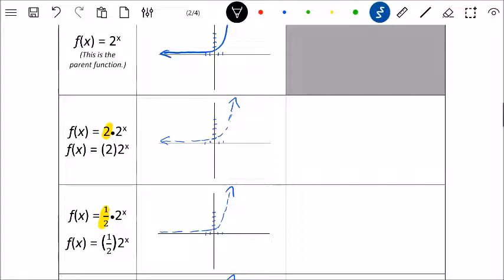And if we would do a simple XY table here, so 0, -1, -2, 1, and 2. 2 to the 0 is 1, times 2 is 2. 2 to the -1 is 1/2, times 2 is 1. 2 to the negative 2 is 1/4 times 2, that's 1/2. So now 2 to the 1 is 2 times 2, we're at 4, and here we get an 8.